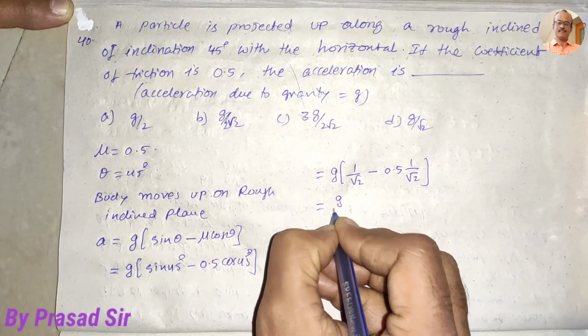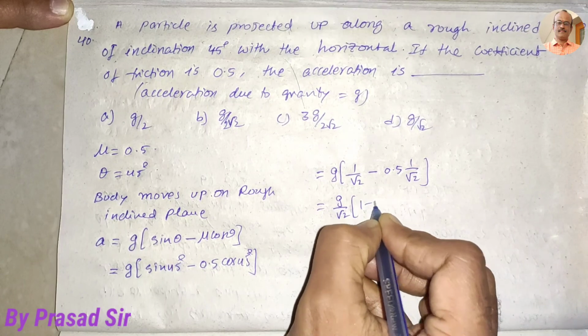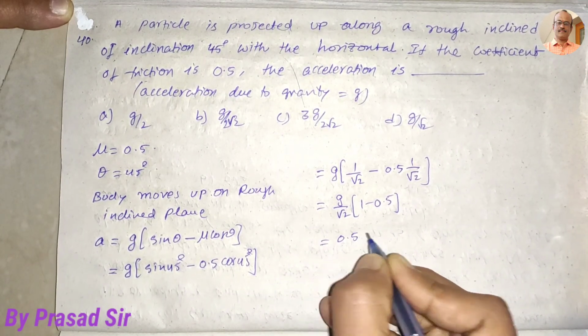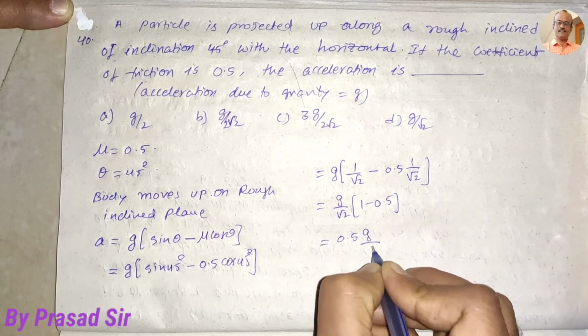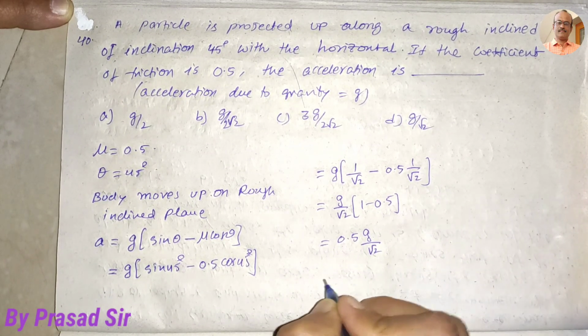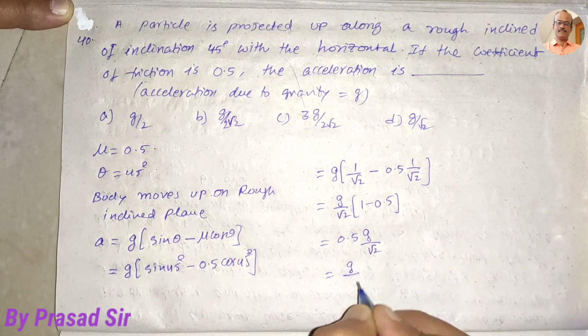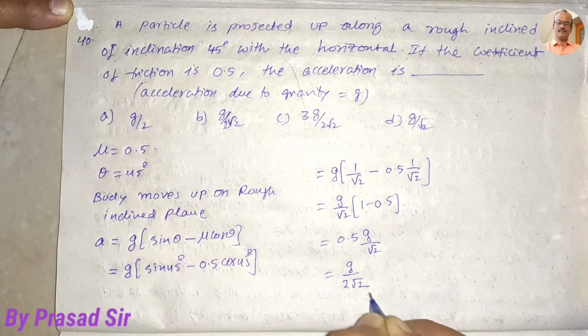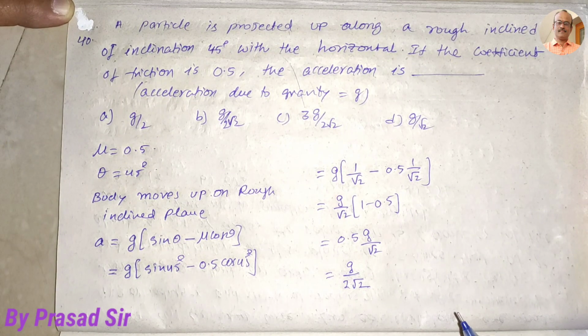Taking g by root 2 as common, 1 minus 0.5 is 0.5, so 0.5 into g by root 2. 0.5 can be written as 1 by 2, so that is g by 2 root 2. Where must the option be? B is the option for this question.